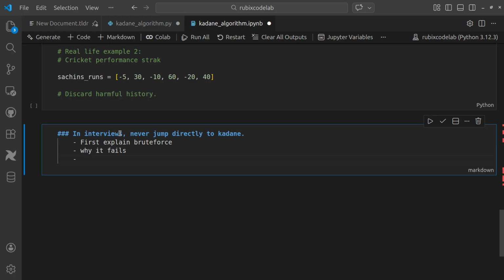Then you can derive the reset logic. So this will give you the structured thinking, and this is what interviewers evaluate.